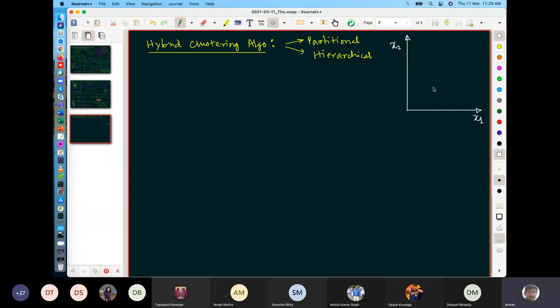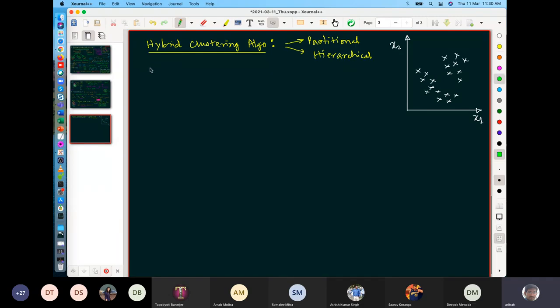Suppose you have the points like this. Now what they do first is take a high value of k, a high number of clusters.